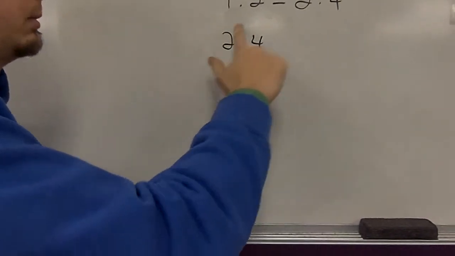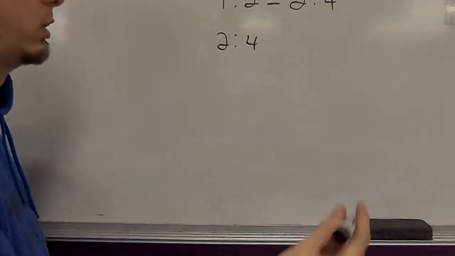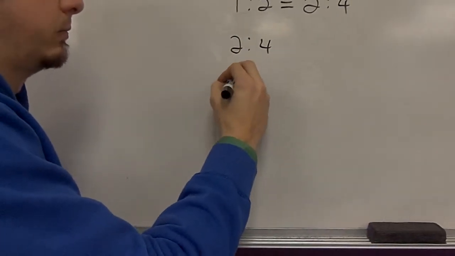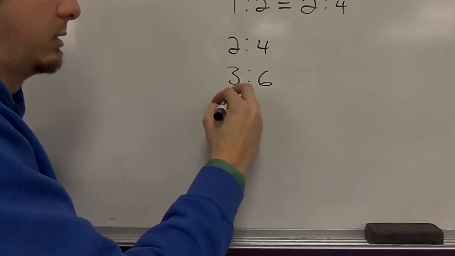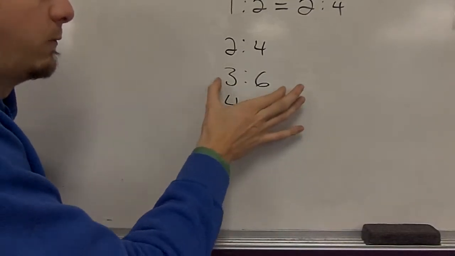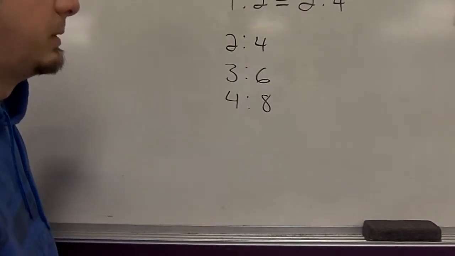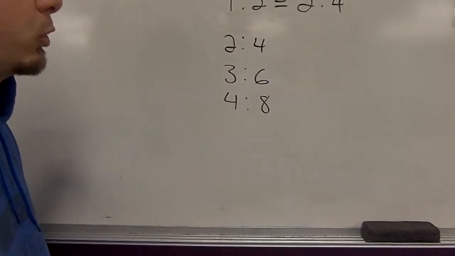Add another apple, I should get 2 more oranges. Add another apple, 2 more oranges. So all 4 of these ratios are equal to each other, which makes them all proportional.